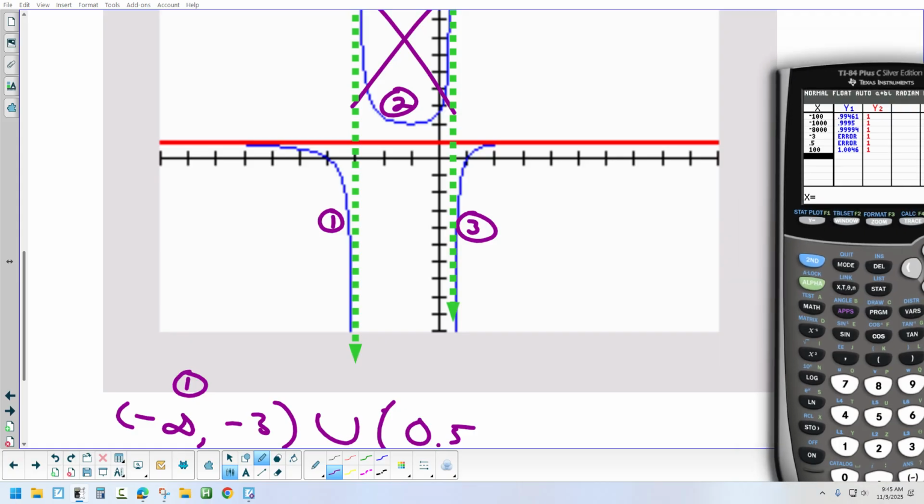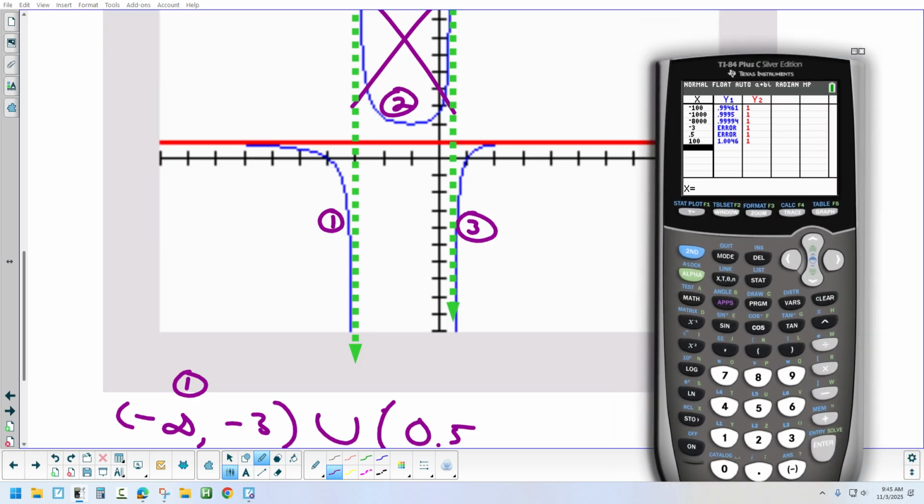Maybe it intersects like somewhere in here. Let's try to find the intersection point. Let's do intersect. Move our cursor somewhere over here. And they do. They do intersect. It intersects when x is 5. So 5 is the highest that you can go.